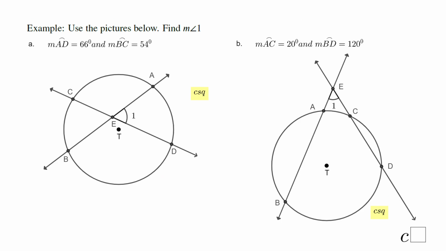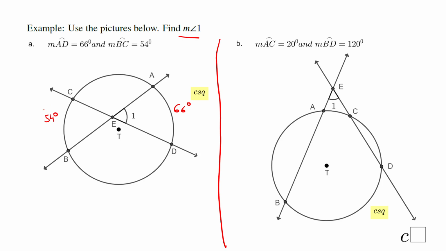So let's see the first example here. We have to find the measure of angle 1 in these two problems, A and B. In the first problem, A, we notice the measure of arc AD is 66 degrees, and the measure of arc BC is 54 degrees.